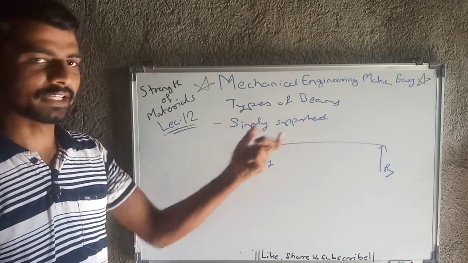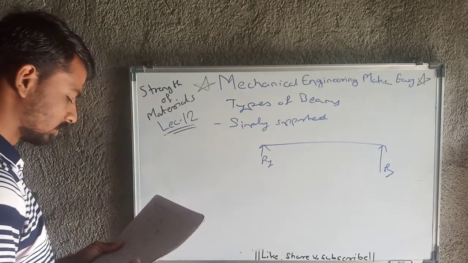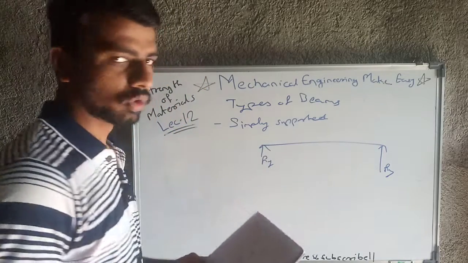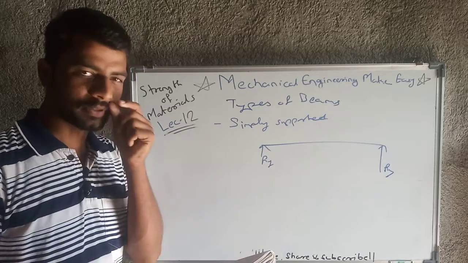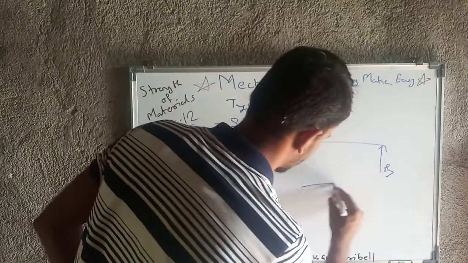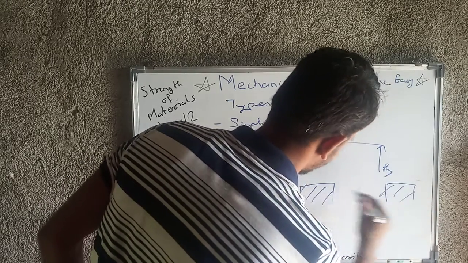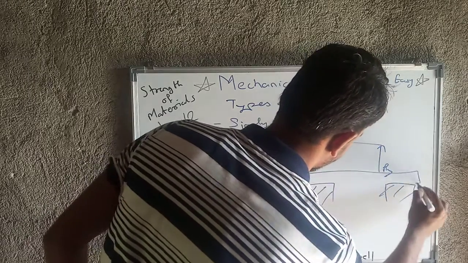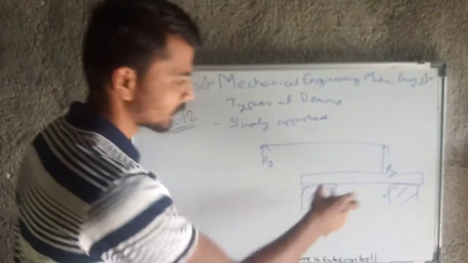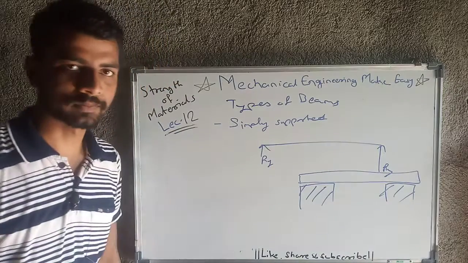This is simply supported beam. Then it may just rest on the supports, with no hinge or pin joint. For example, there may be one wall here and one wall here, and we have just placed one bar across them. This is also the case of a simply supported beam, just resting on the supports.